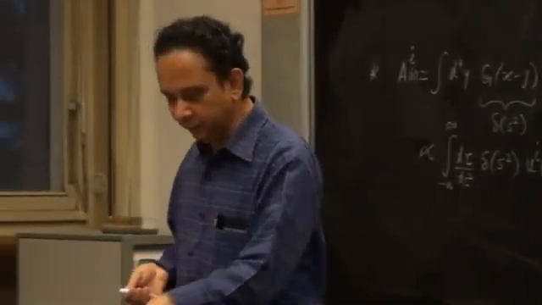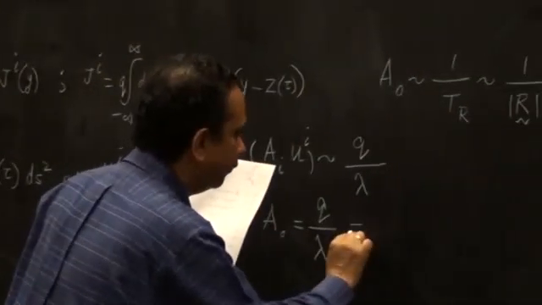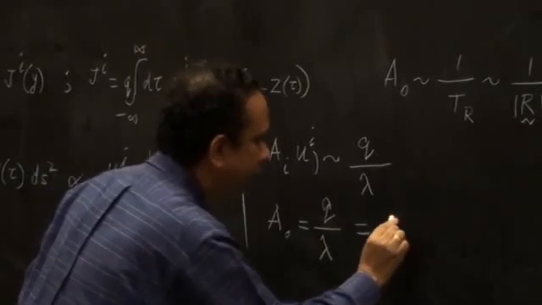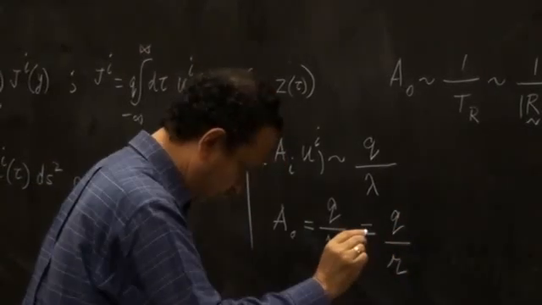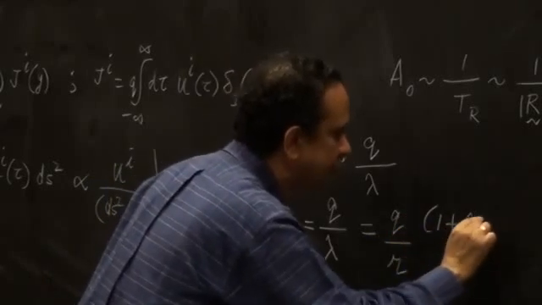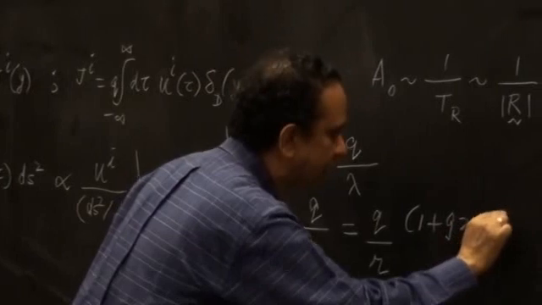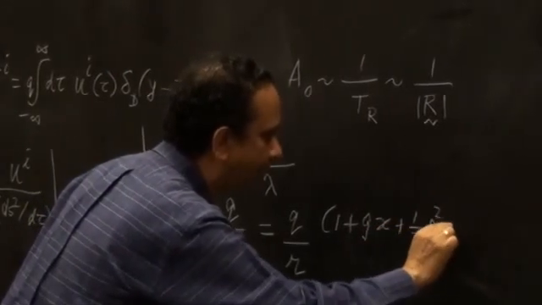Okay. Now, just to see the economy of this expression, I will now write down the actual result in this case. If you do that, you get 1 plus gx plus half g square r square.